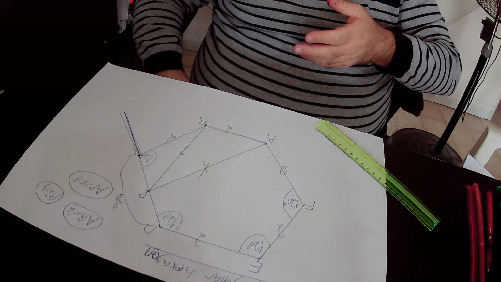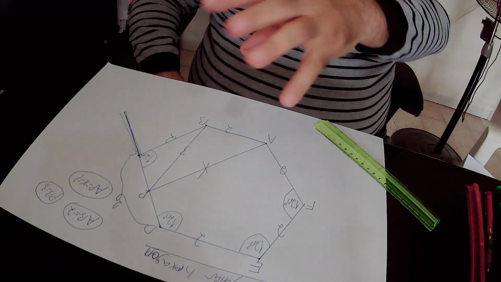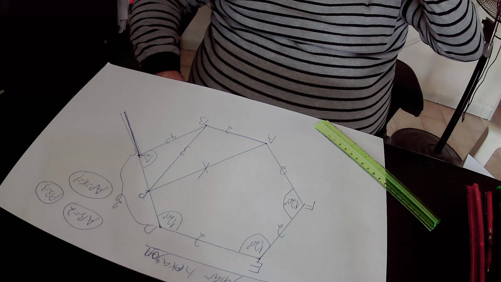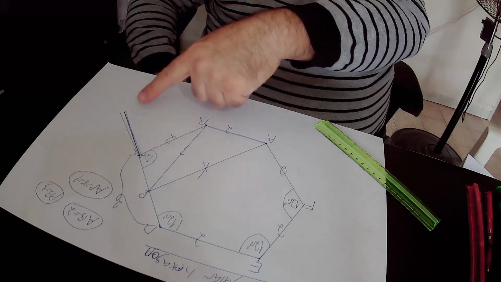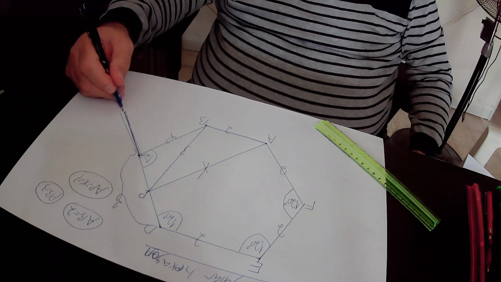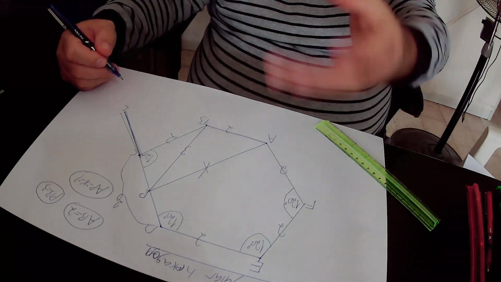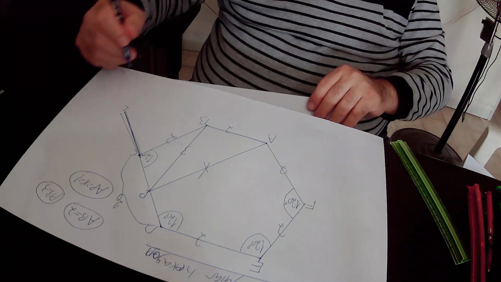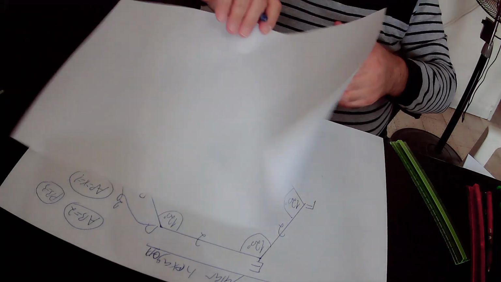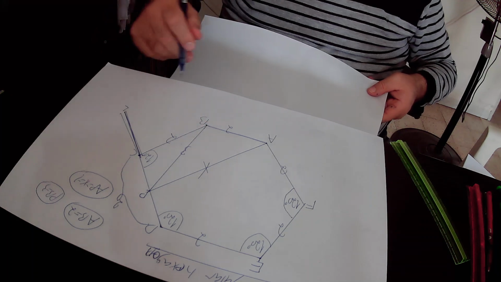Why? Because DC is one side of this regular hexagon, therefore it is a straight line, and we extended the straight line DC by a straight line. We will define this point as L. When we extend a straight line by a straight line, the result is a straight line. So we can write down that DL is a straight line.